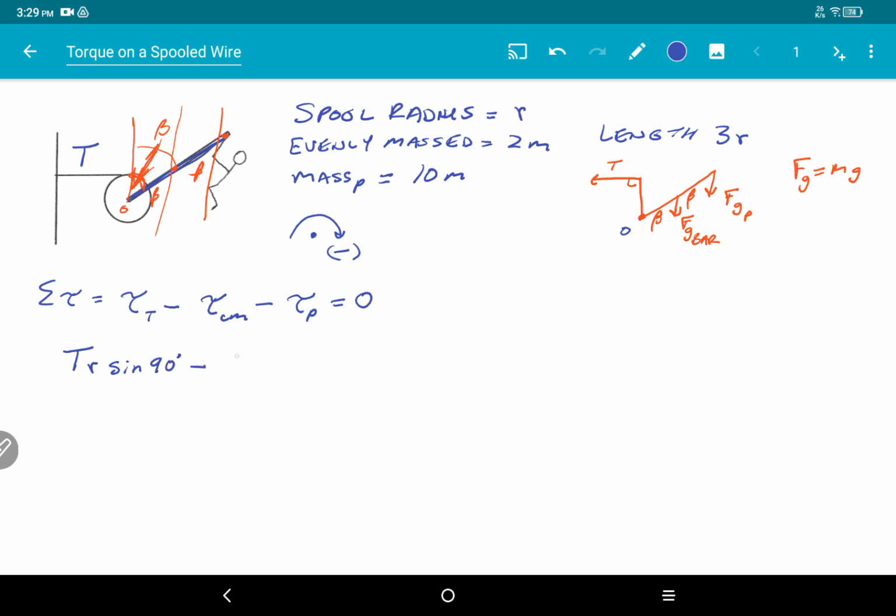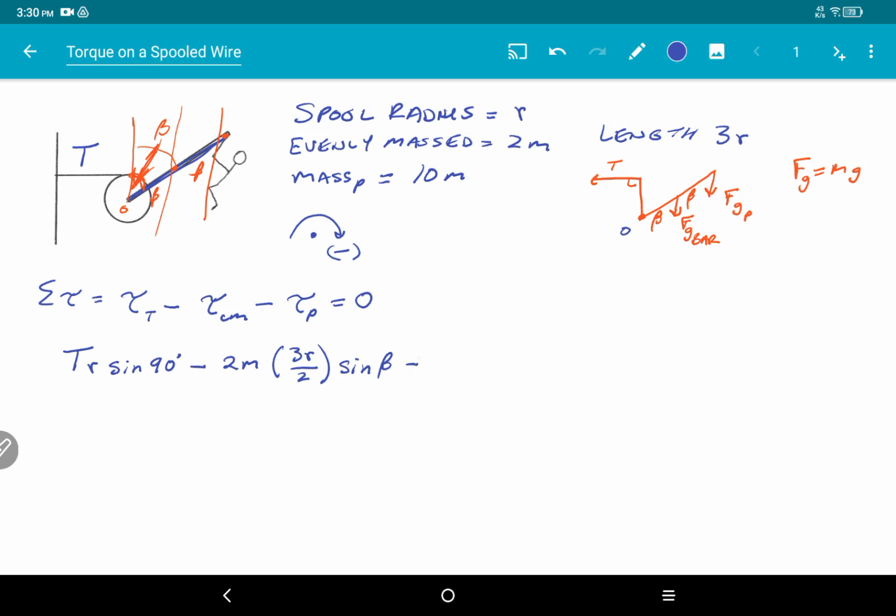We're going to have the mass of the bar. It's evenly massed, so let's say that is 2M. And the distance is halfway in between the bars, so that's going to be 3R divided by 2, and it has an angle, so sine beta.